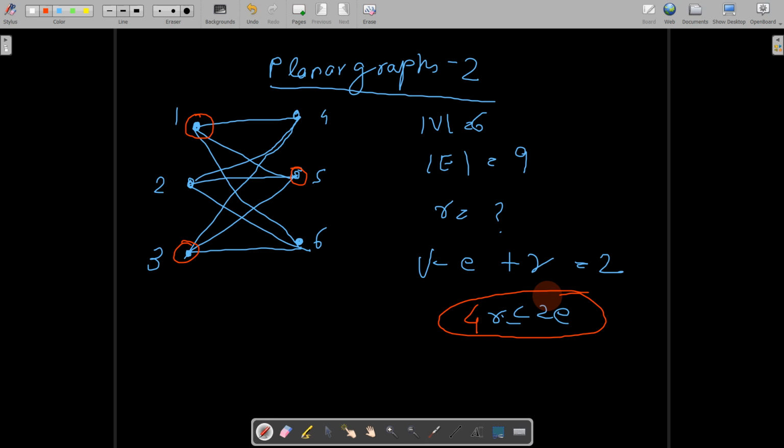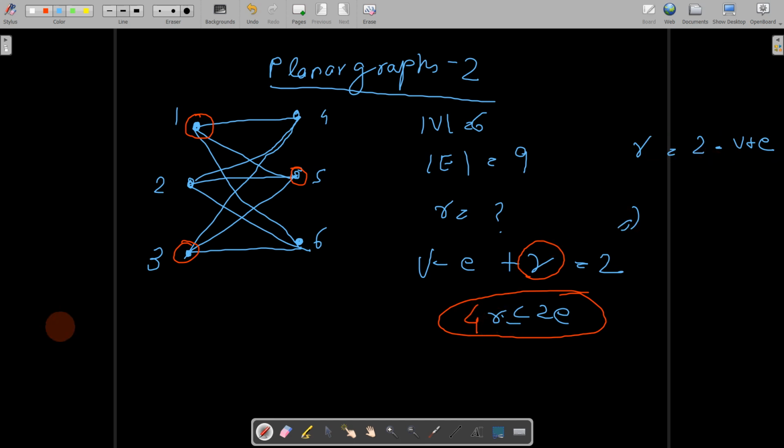According to the graph, the minimum number of edges in a cycle might change the inequality. We don't know the number of regions, so we will substitute the value of regions from Euler's formula into this inequality. What is r from here? r is 2 minus vertices plus edges.